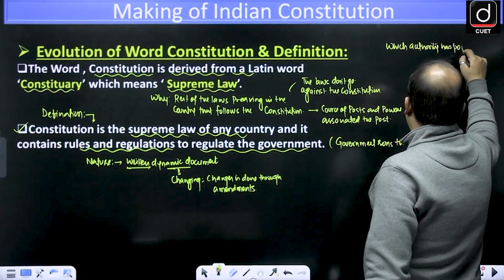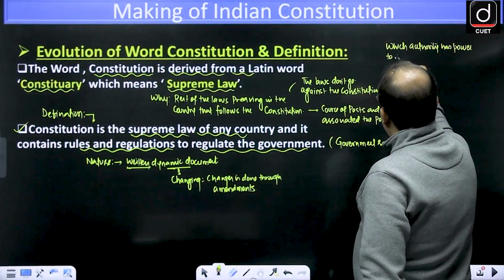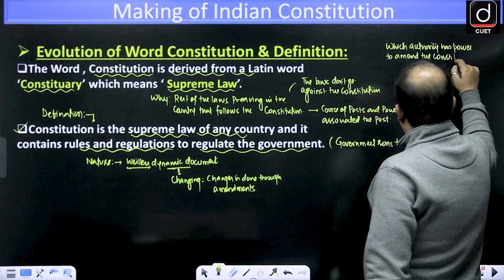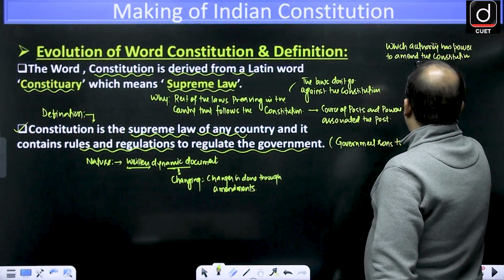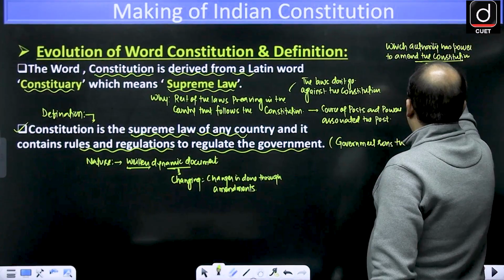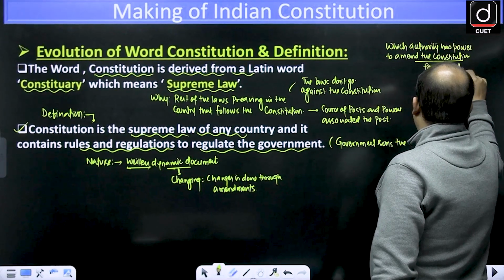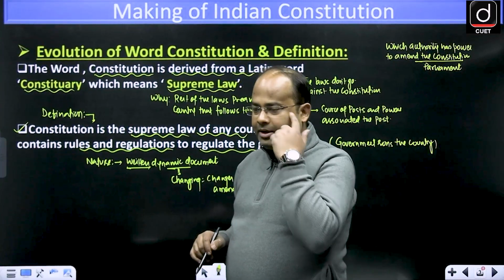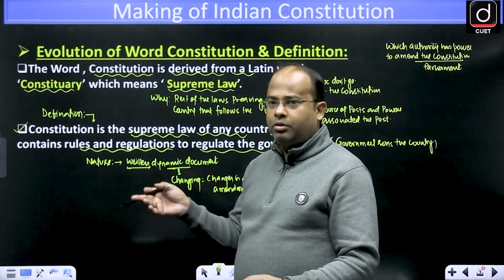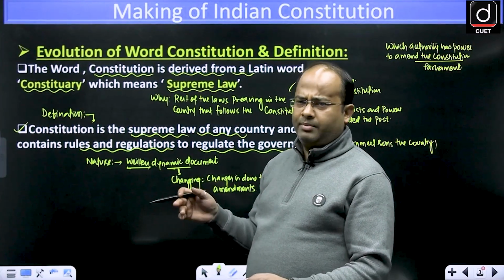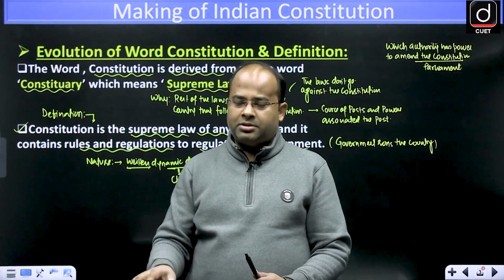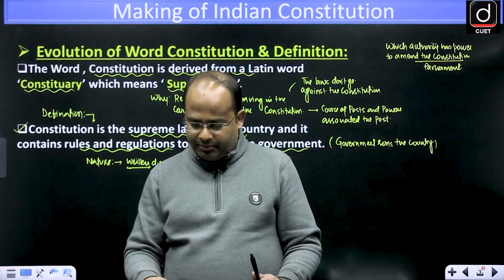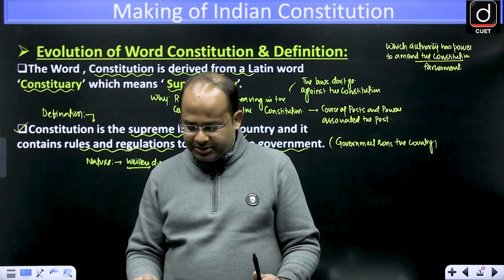It is the parliament. So parliament is the only authority that has the power to change or amend the constitution, but this amendment should be done without changing the basic structure.